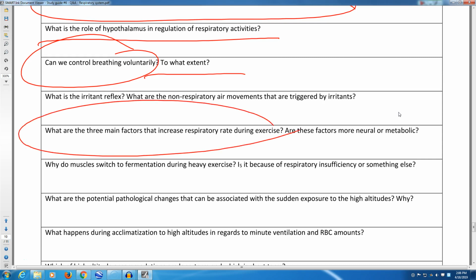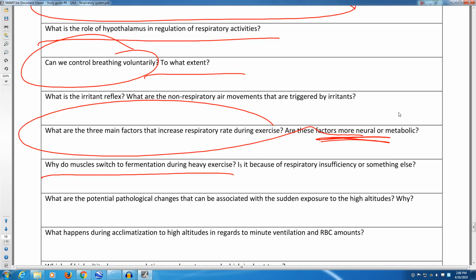During exercise. Why? So it's neural factors. Input from the proprioceptors, okay? Activation of the motor cortices and conscious appreciation of the fact that you're about to do exercise, okay?